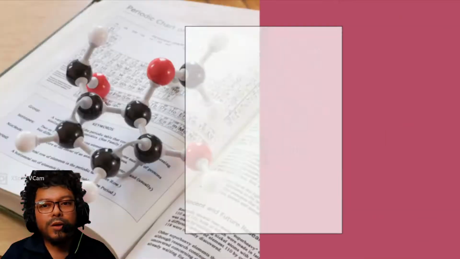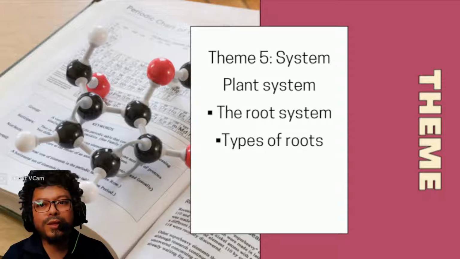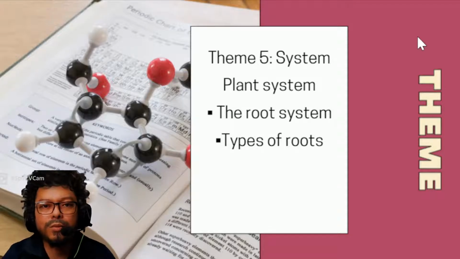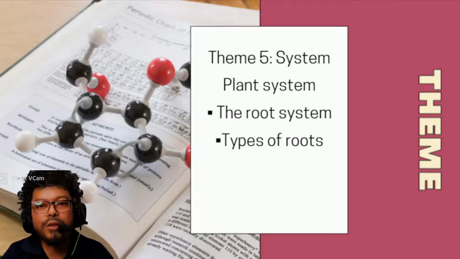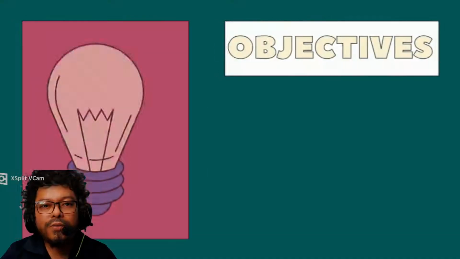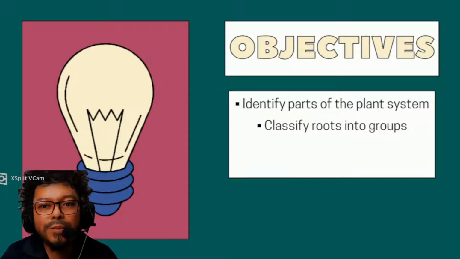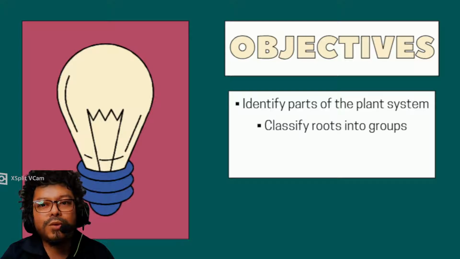Okay. For this week's lesson, we shall talk about a new theme, that is system. We shall talk about plant system, root system, and types of roots. Now, the objectives for this week are to identify the parts of a plant system and to classify roots into groups.